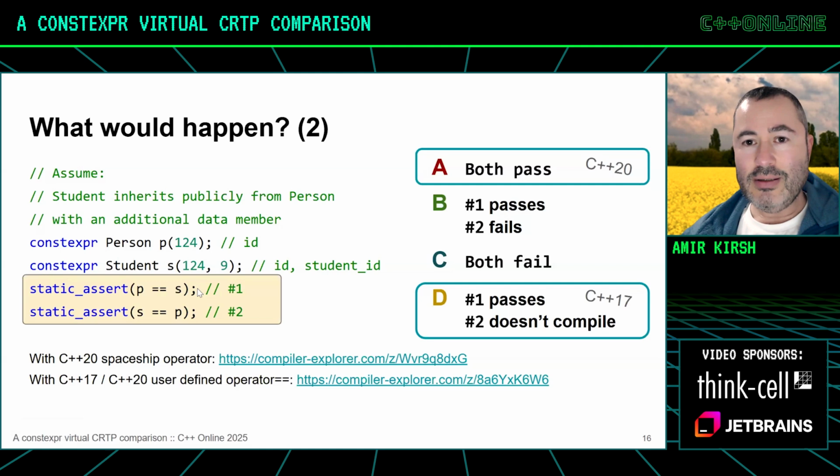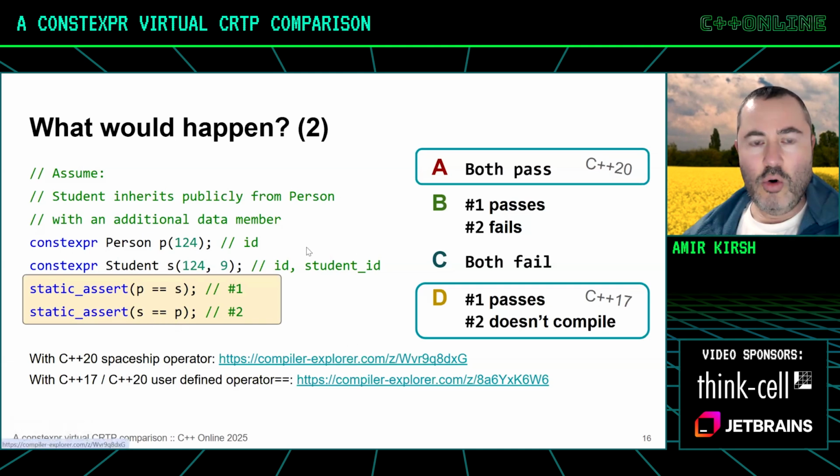So it takes the student and uses it as a person, even though it is still a student, because it takes the student by ref. And eventually it checks only the person arguments. In C++17 and before, the second line doesn't compile. And there's a reason the second line doesn't compile: student doesn't have a comparison that can take a person. Let's take a look at the code.